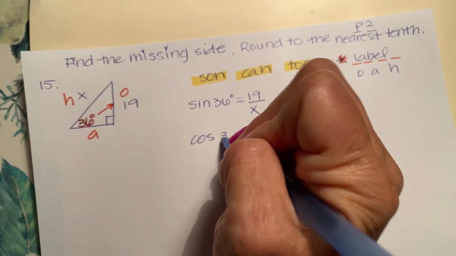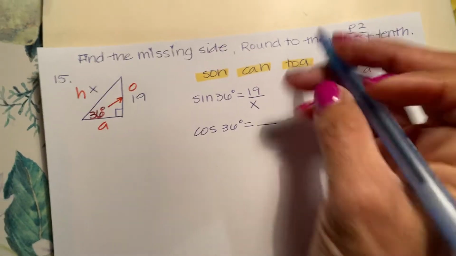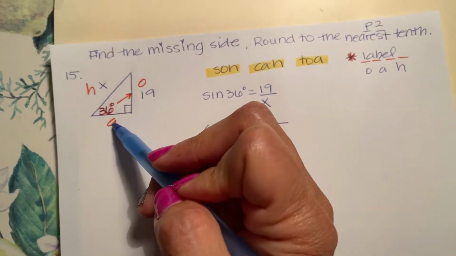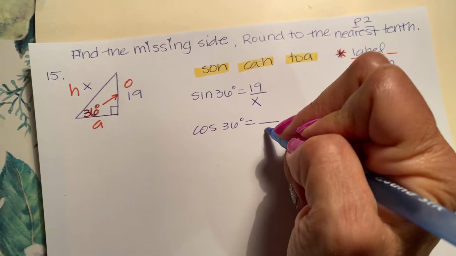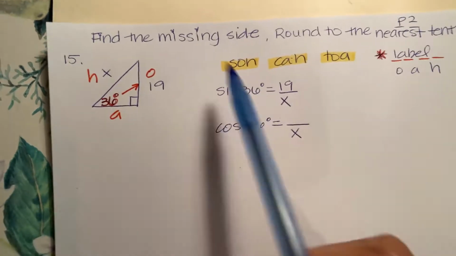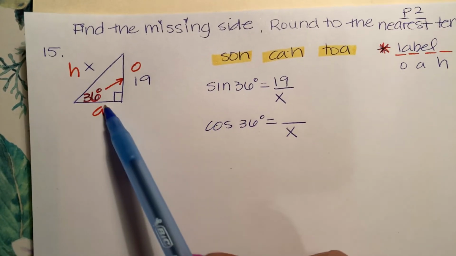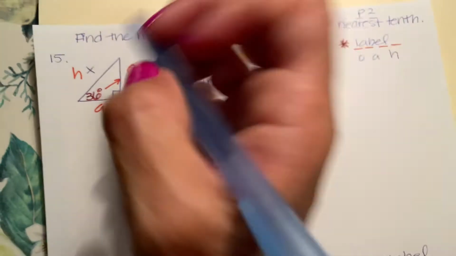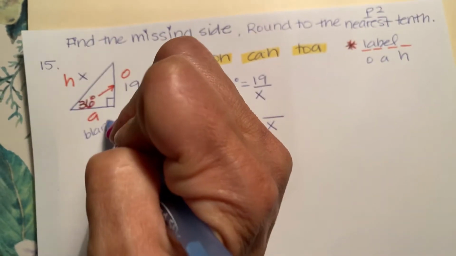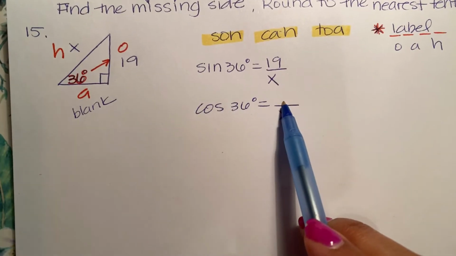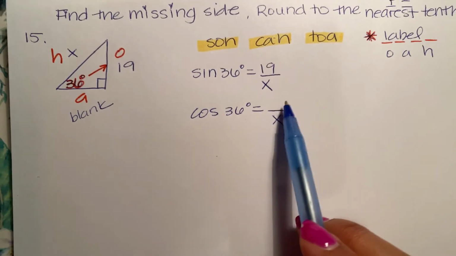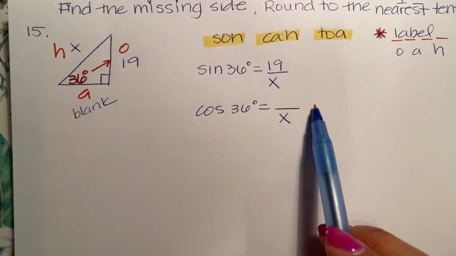Cosine of 36 degrees is A over H. A over H, this is X. Notice, I don't have anything for A. It's blank. This side was blank. I can't put anything here. Because of that, this is going to end up being a fail.